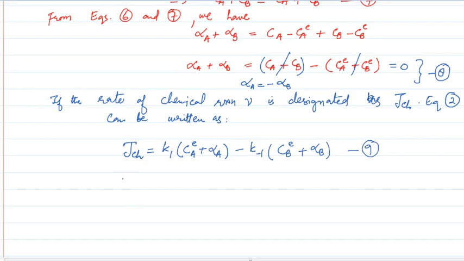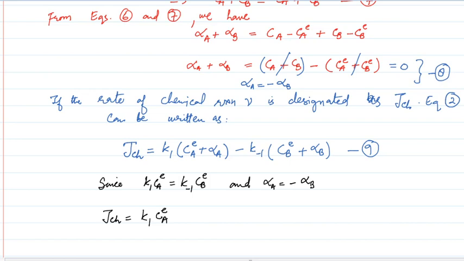Now we have already derived these results, that this K1 Ca equilibrium is basically equal to K minus 1 Cb equilibrium, and this result also, that means equation 8, alpha A is equal to minus alpha B. So we will simply then have JCH will be equal to K1 Ca equilibrium.